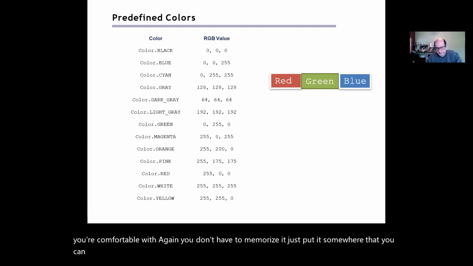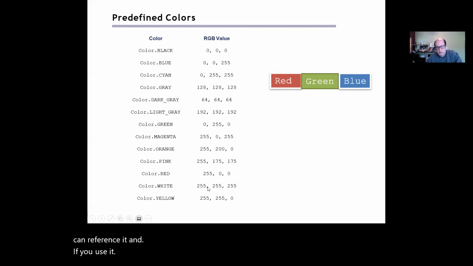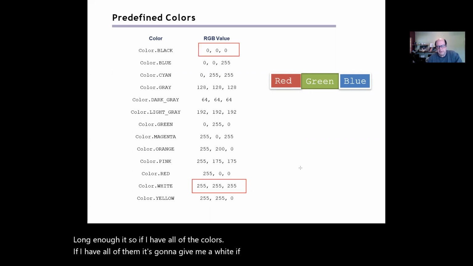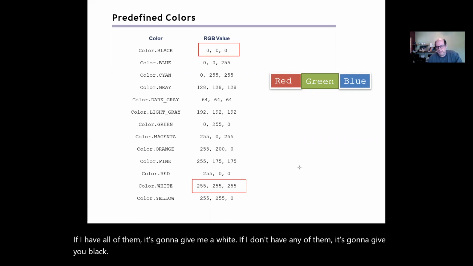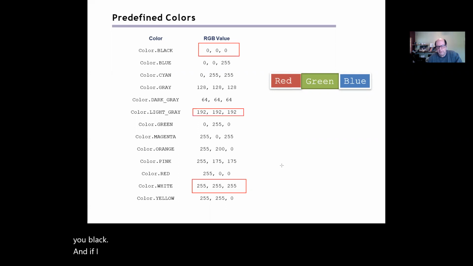And if you use it long enough, you know it. So if I have all of the colors, if I have all of them, it's going to give me white. If I don't have any of them, it's going to give me black. And if I have half of them, it's going to give me gray.